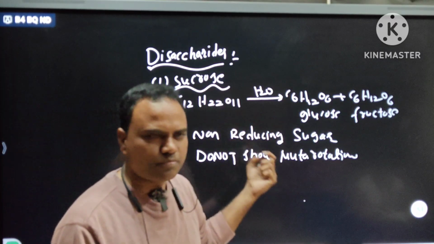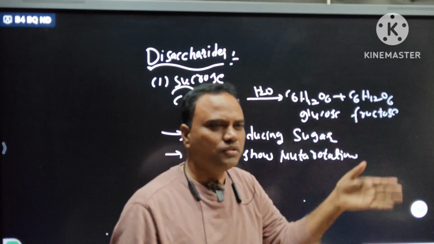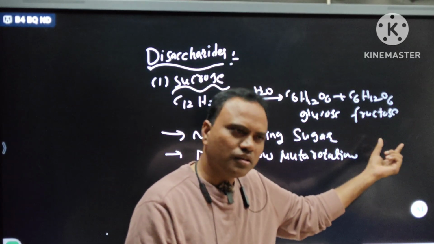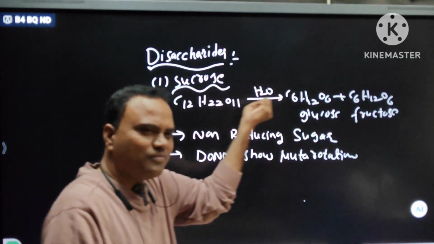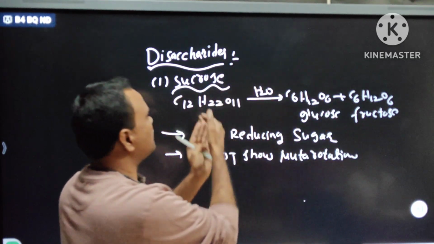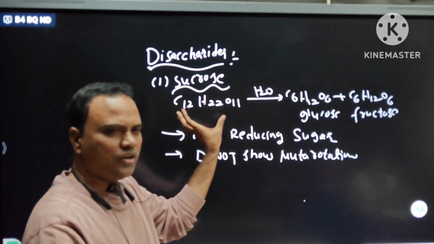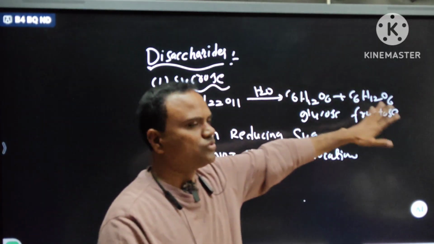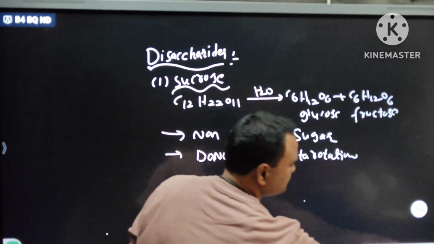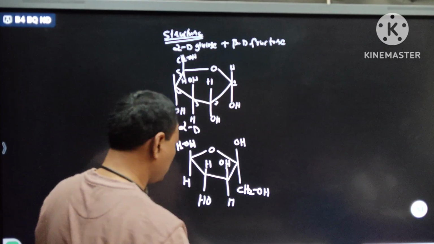Now see the preparation method, or hydrolysis property. If you add water to sucrose, what will you get? You will get these two. Reverse: if you remove water from these two, you will get sucrose. But from which two positions?